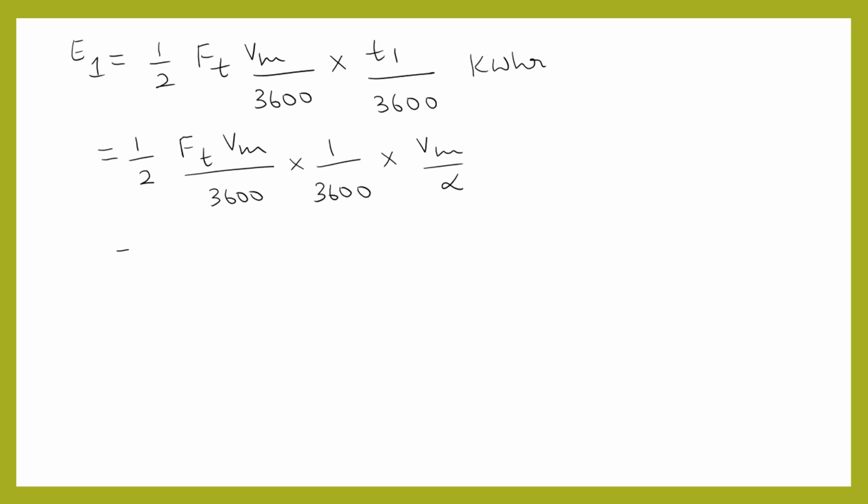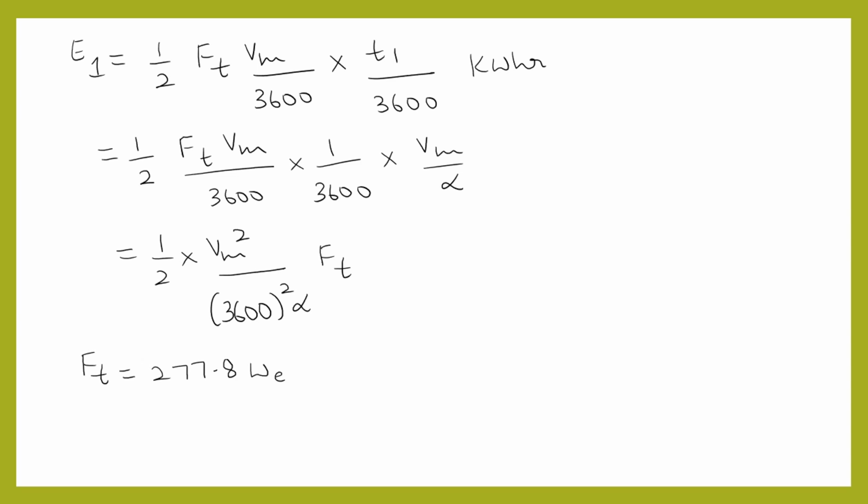So that is equal to half into Vm square by 3600 square alpha into Ft, where Ft is equal to 277.8 We alpha plus Wr.